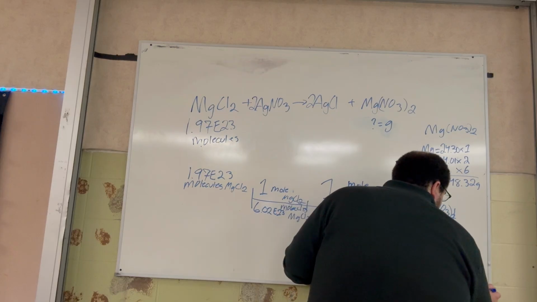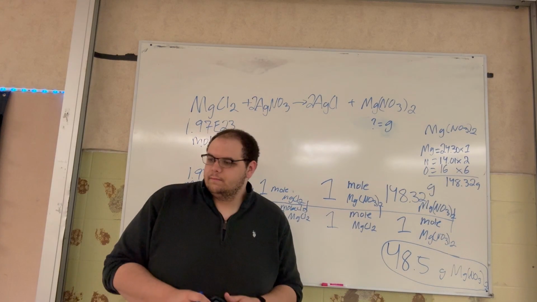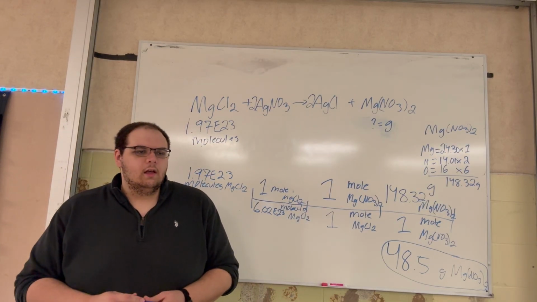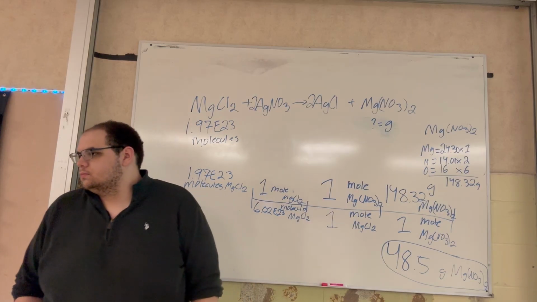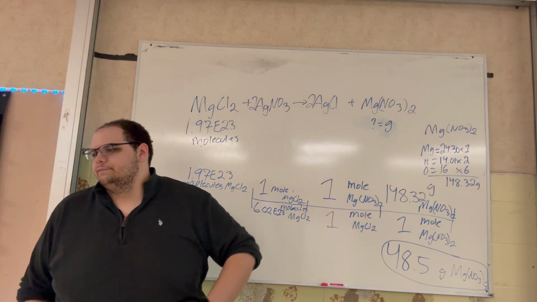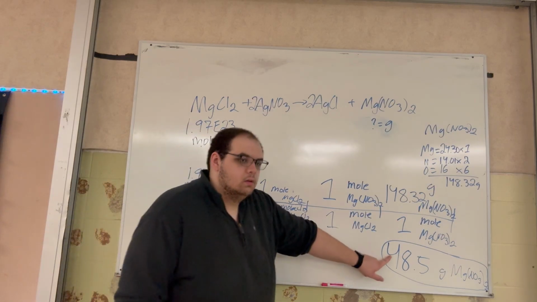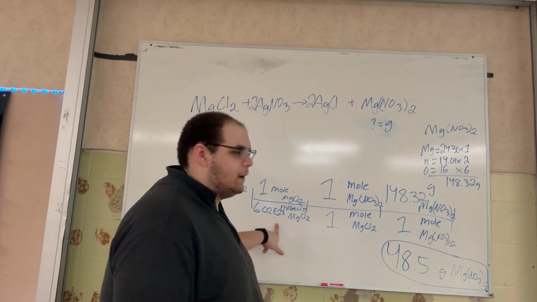You should get 48.5 grams of magnesium nitrate. If you did not get that, please tell me so we can figure it out. How do you get the last number? Multiply everything across the top, divide by the bottom.